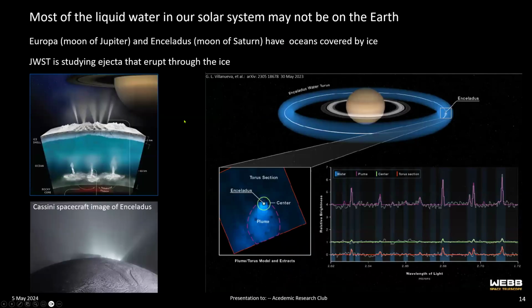Now, most of the liquid water in our solar system may not be on the Earth at all. Moons of Jupiter and Saturn, Europa and Enceladus, among others, are known to have vast oceans covered by a thick crust of ice.